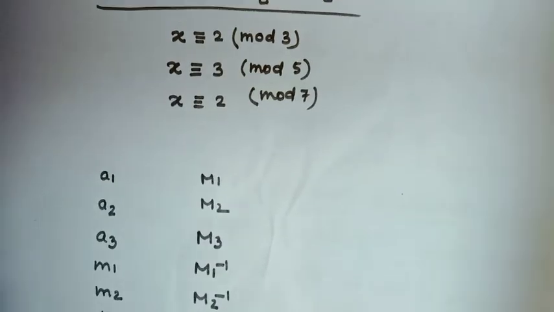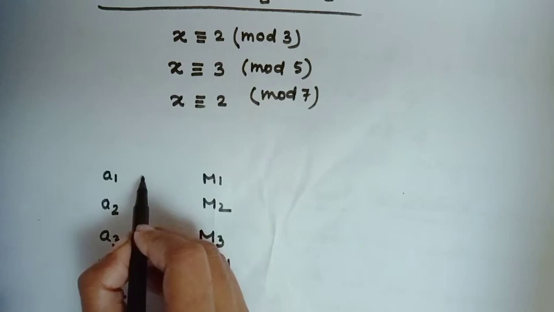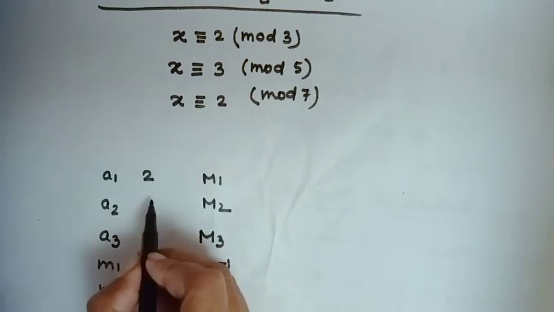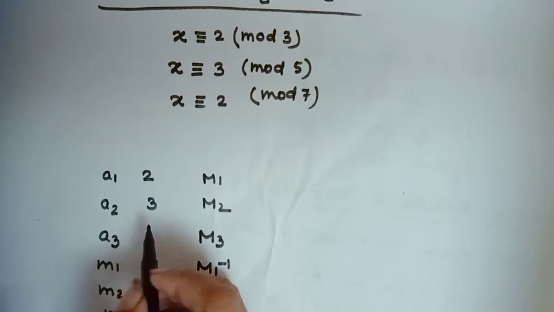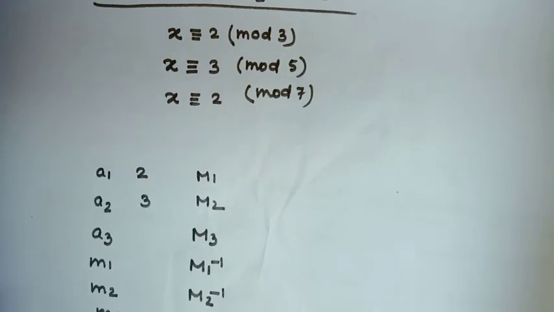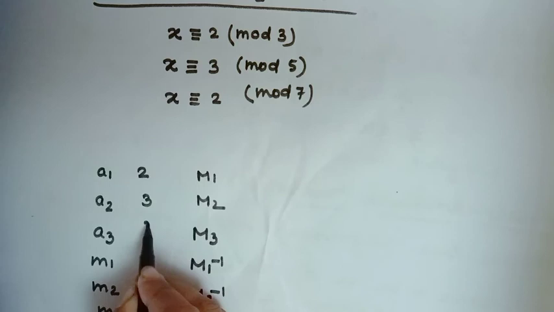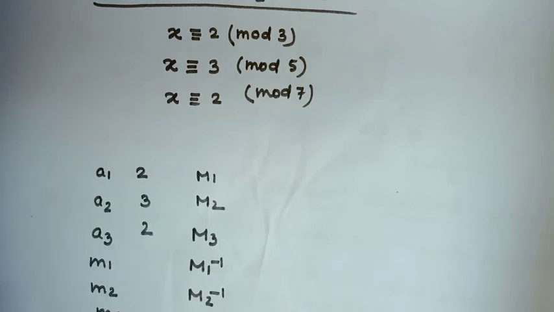Here a1 equals 2, a2 equals 3, a3 equals 2, m1 equals 3, m2 equals 5, m3 equals 7.